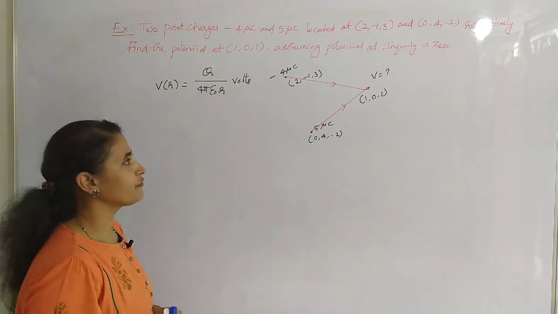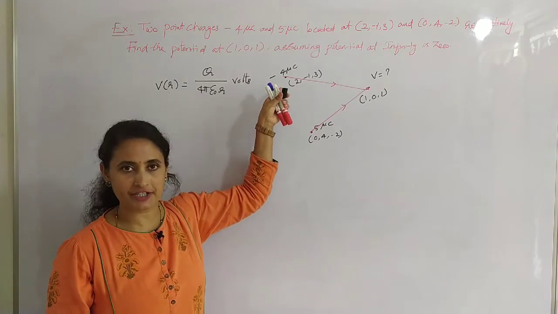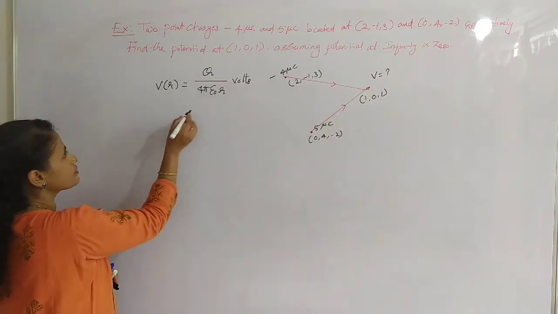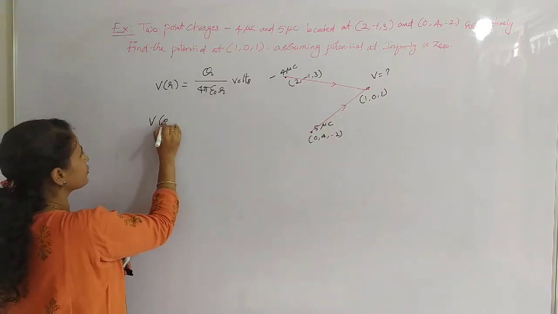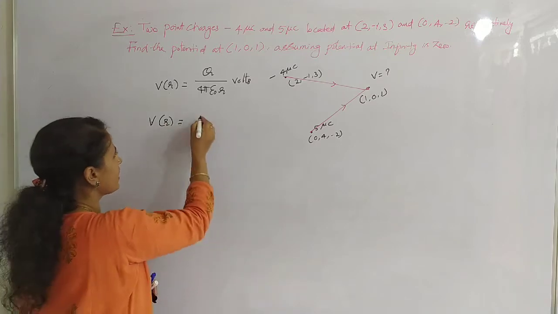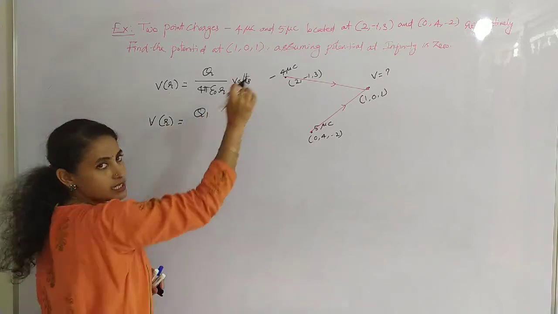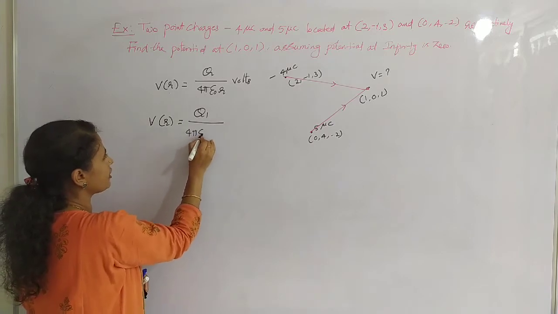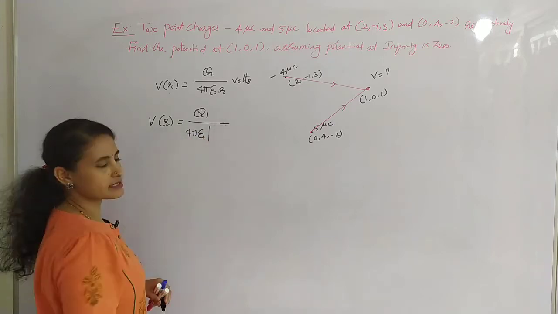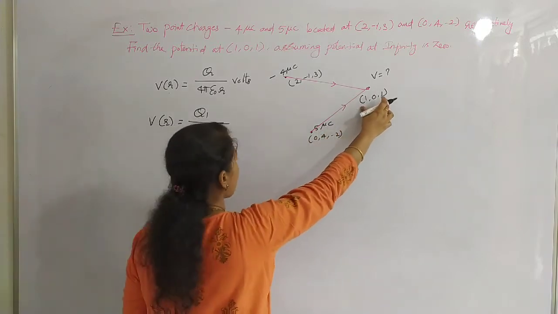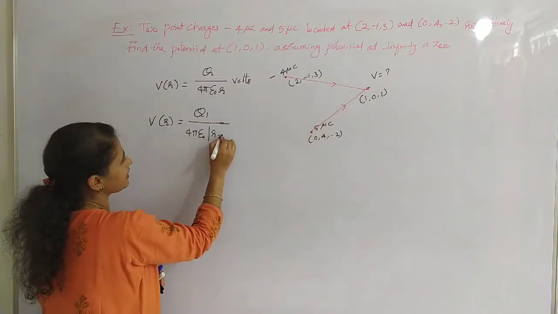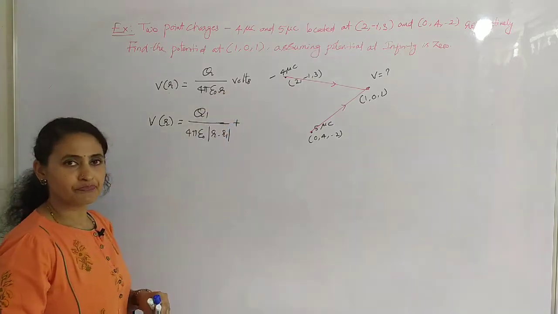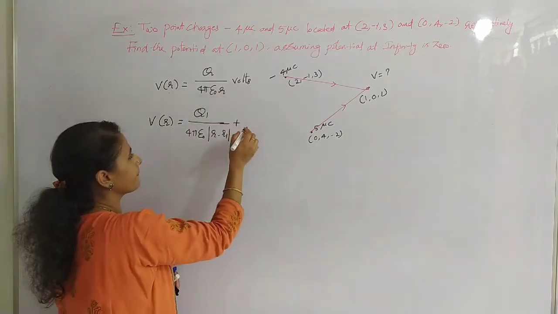Now we have more than one point charge, so due to the two point charges we can write: the first point charge is -4 microcoulomb by 4 pi epsilon naught, and the resultant distance is the magnitude of r minus r1, where r is a magnitude.